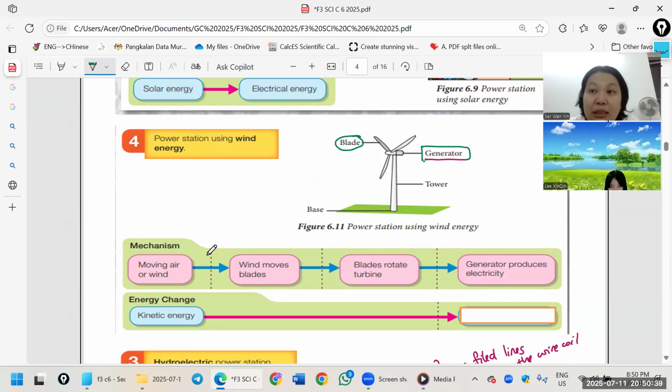So we use moving air or wind, which has kinetic energy. Wind moves, the blade rotates. So finally, it will generate induced current, and finally we have electrical energy.